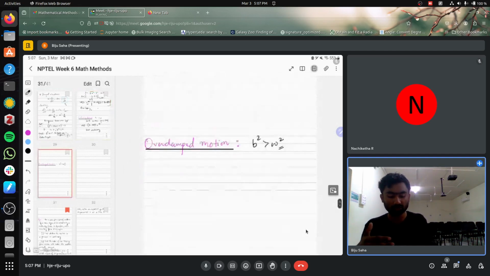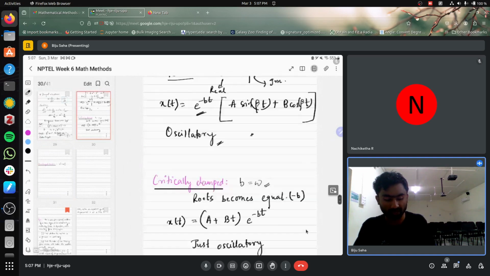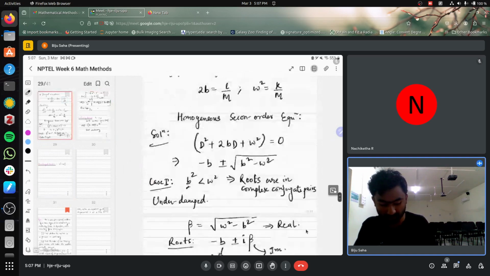The next category is where b square is greater than omega square. In this case, b square is greater than omega square, so this particular thing is real. So you have distinct roots.